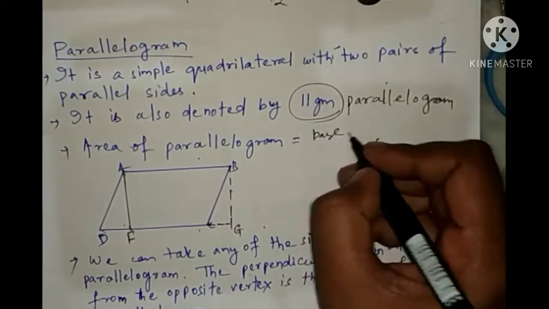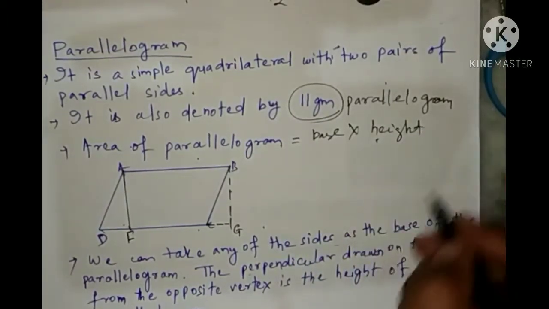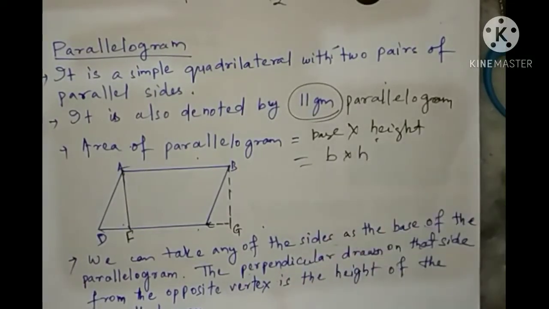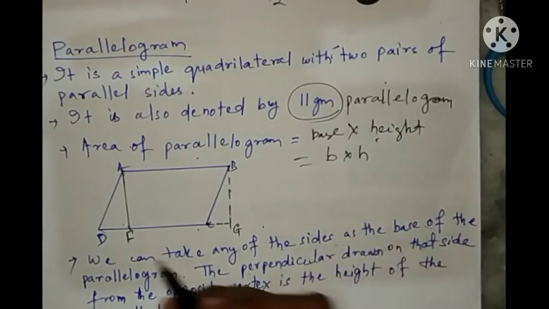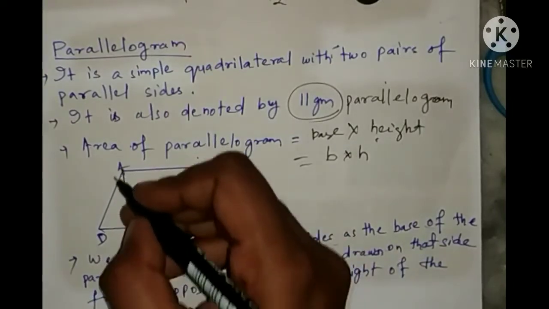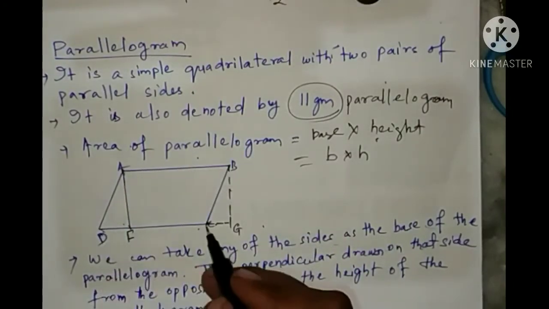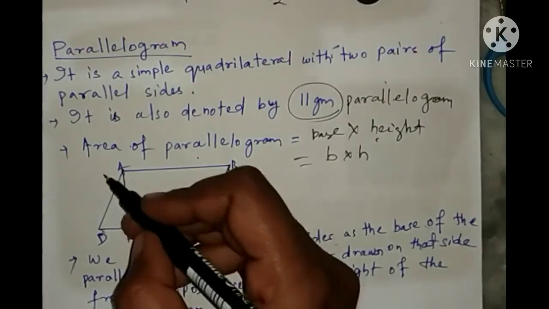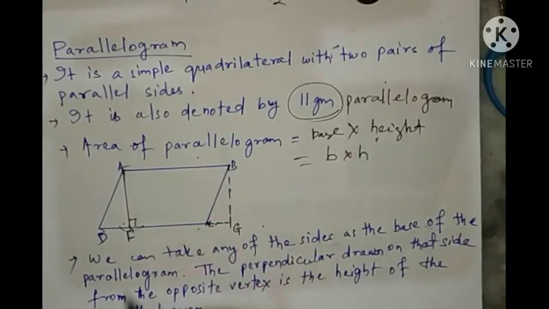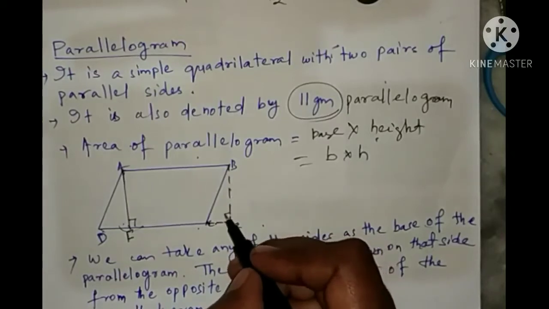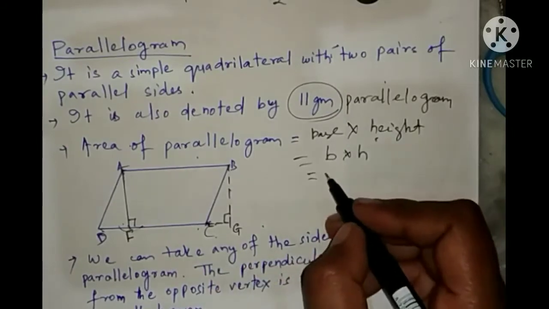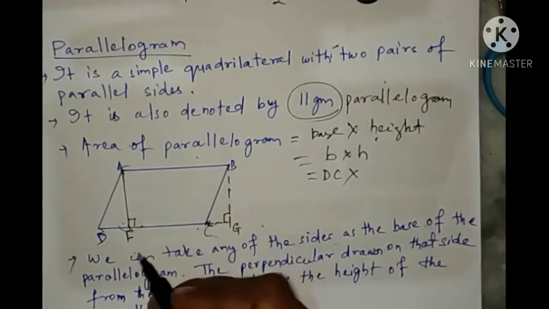So simply we can write B into H. Here I have taken DC as base, and the perpendicular is AF, drawn from vertex A. This is how much? 90 degree. So if I take the base as DC, the height will be AF.